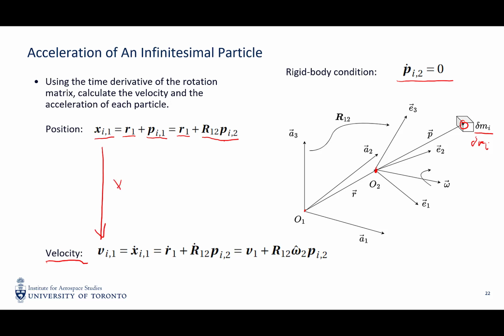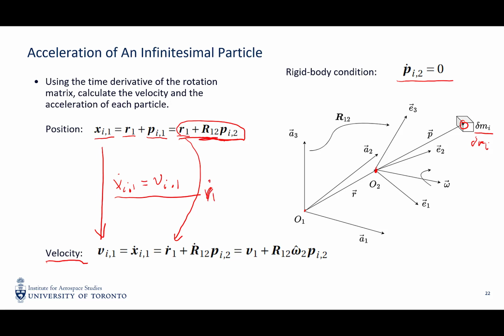On the left-hand side, x dot i1 is just vi1, the inertial velocity of this point mass expressed in frame 1, where frame 1 is the inertial frame. And for the right-hand side, we're going to use the relationship between the angular velocity and the rotation matrix. So r1 becomes r1 dot, the same.